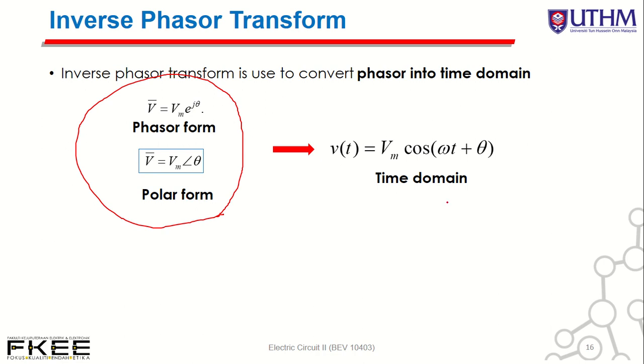So how to convert to time domain? Let's say you have a V, with magnitude and angle. For example, in polar form, this is a magnitude, this is an angle.